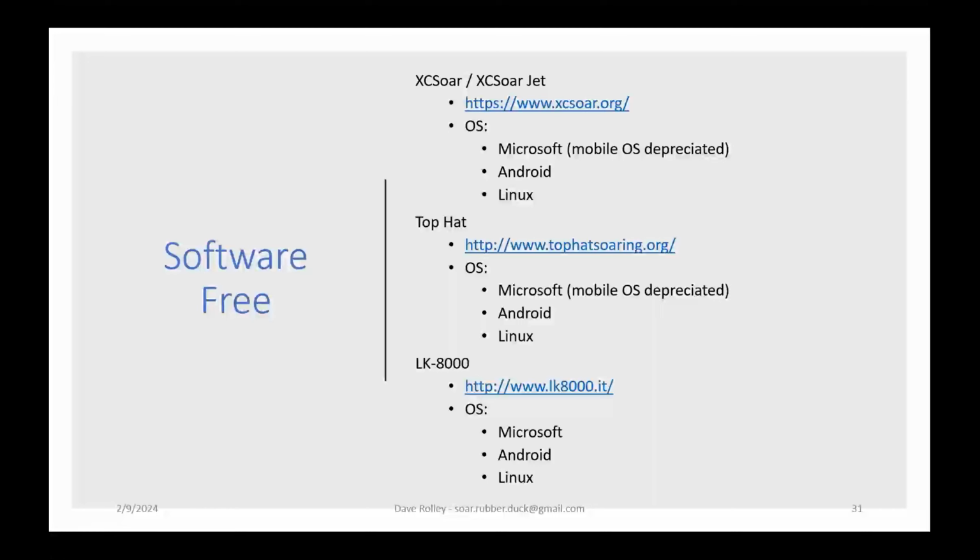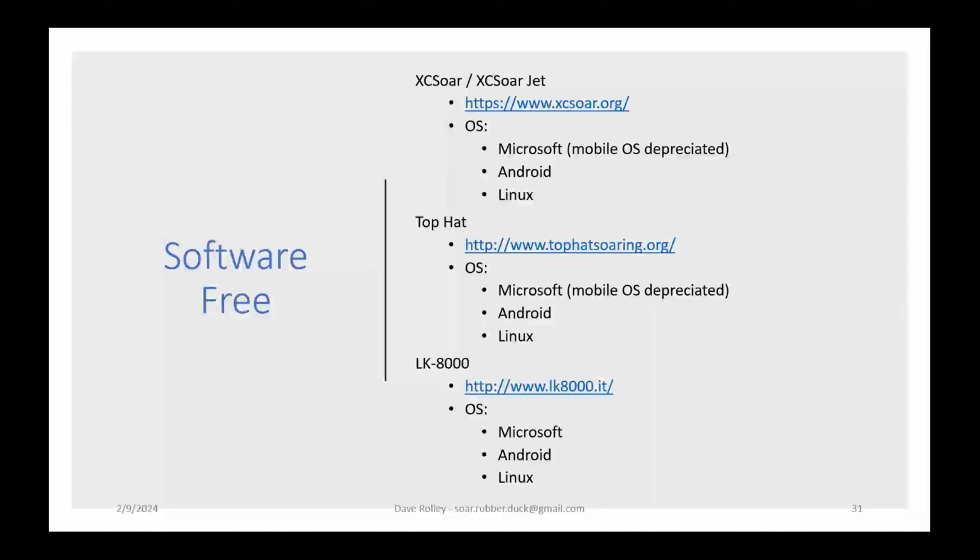The interface is flexible, but that interface is not as advanced as what you would see in Naviter's SeeYou Navigator. It's available from the Google Play Store, but you can also sideload it from their website. The last version that was released of this was in December of 2023, and it's either 7.40 or 7.41. I don't remember which.